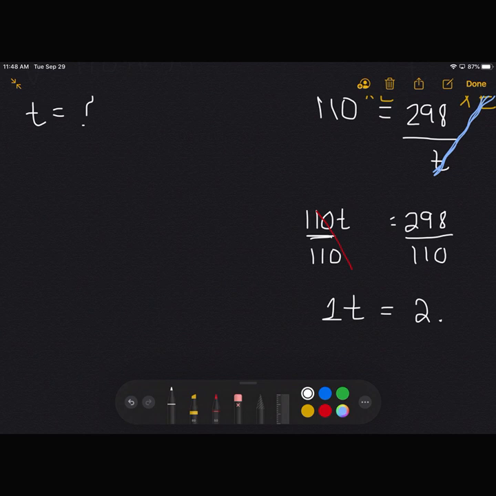Oh, here's the calculator. Okay, so when you put that in the calculator, put 298 and then put a decimal, and then divide it by 110, and it should give you an answer in a decimal.